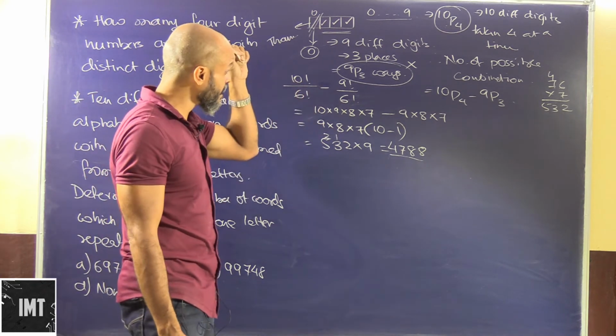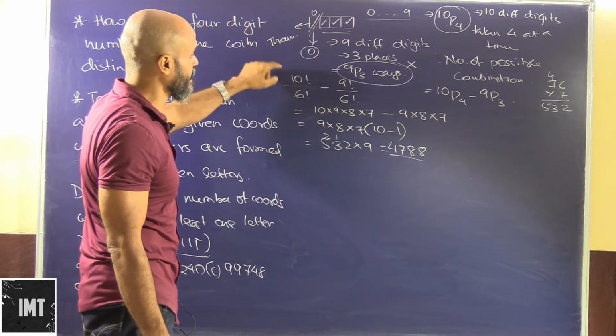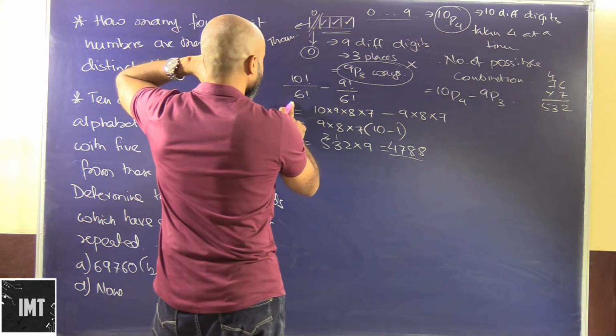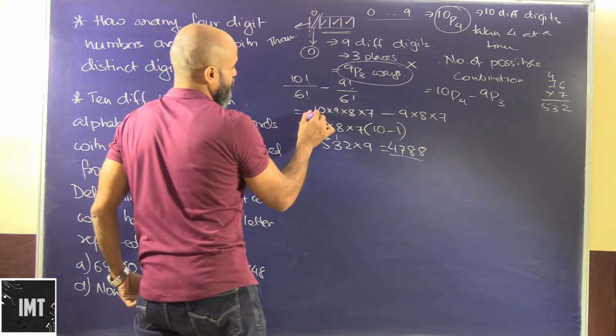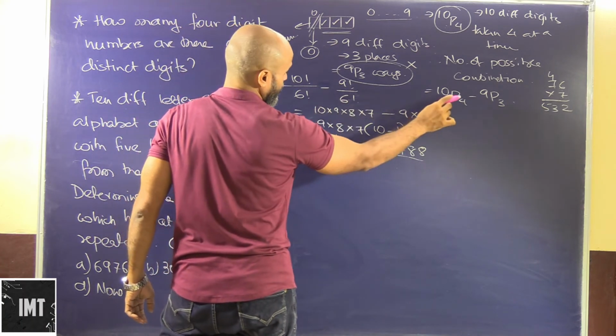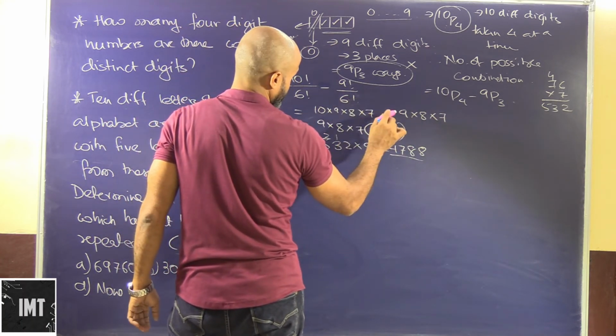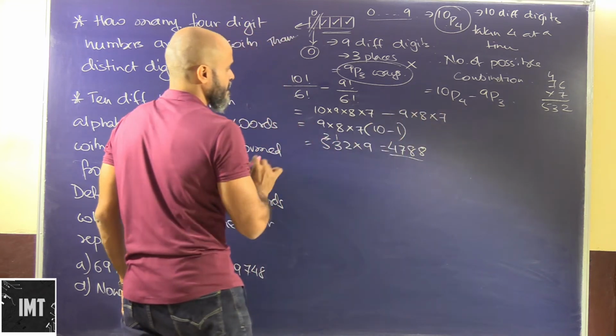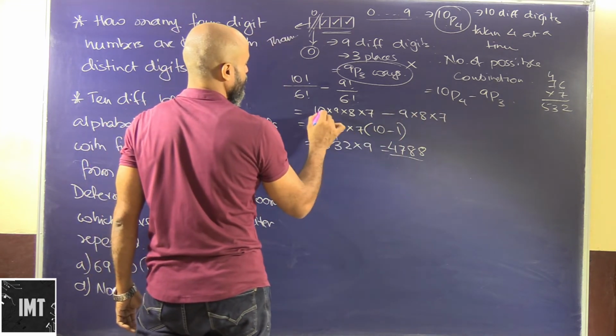This will be 10P4, so that will be factorial 10 upon factorial 6. 10 minus 4, so that will be 10 9 8 7. This will be factorial 9 upon factorial 6, so that is 9 8 7, factorial 6 gets cancelled. We have 9 into 8 into 7.